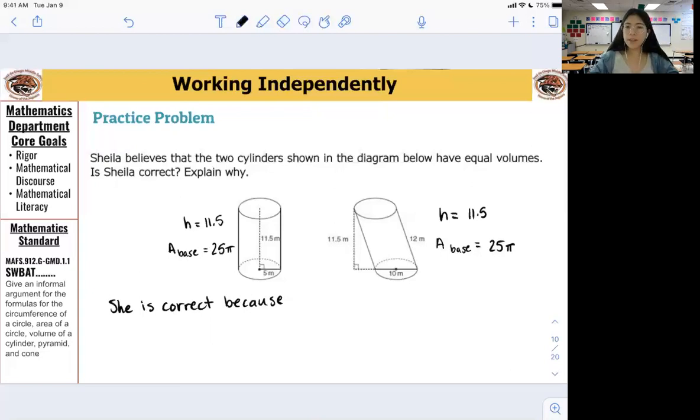Who said that this is a true thing? Who's the person that we should probably name drop? You all wrote it down. What's his name? Cavalieri. Good.